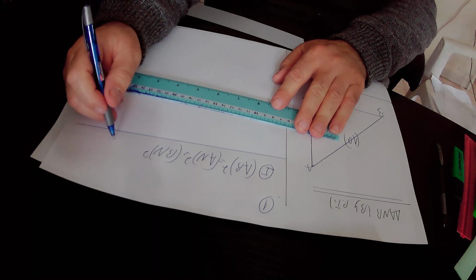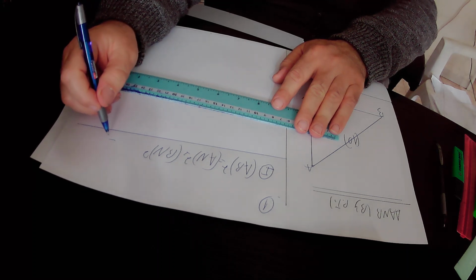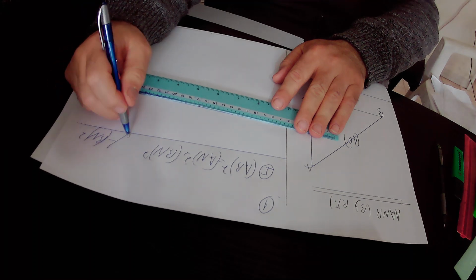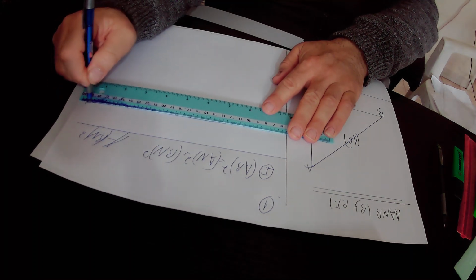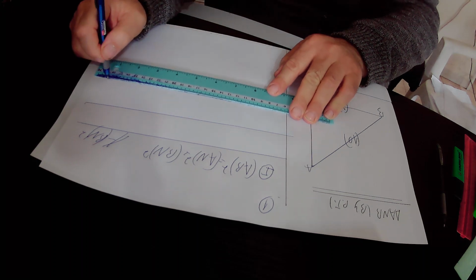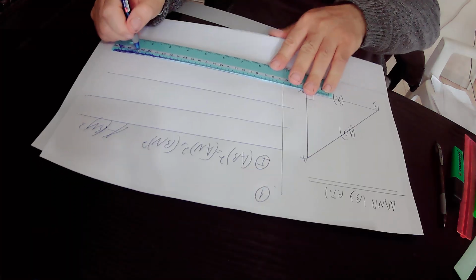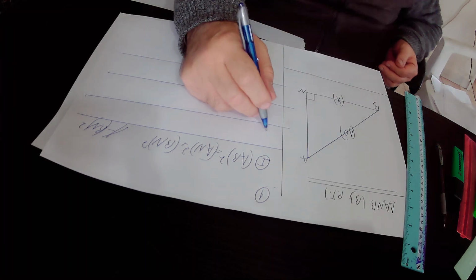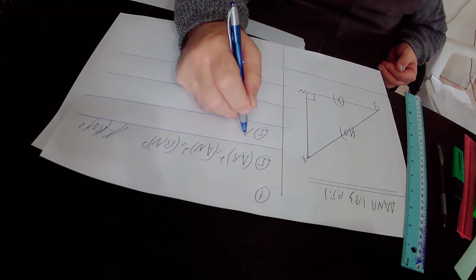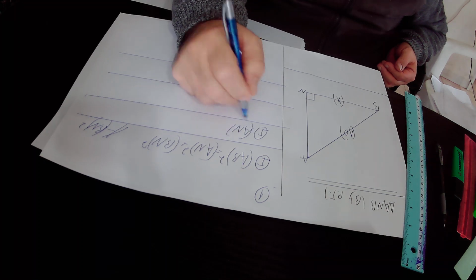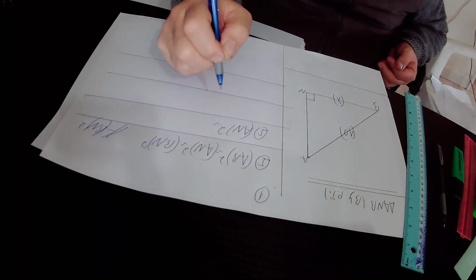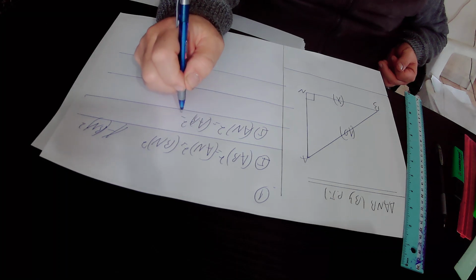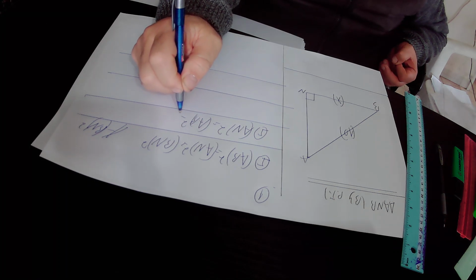Here we subtract BN squared from this equation 1. And we get that according to this equation 1, AN squared equals AB squared minus BN squared.